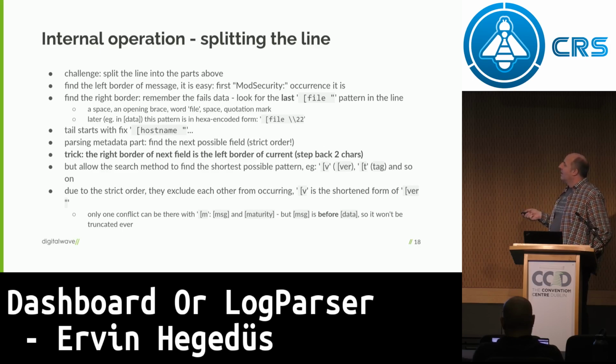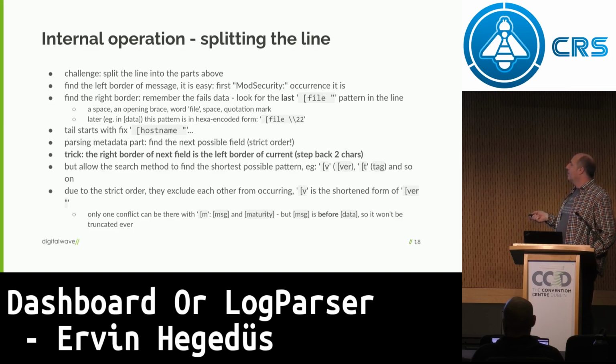It starts with the fixed hostname pattern, and we can parse the metadata, and this is the trick. The right border of the next field is the left border of the current one, stepping back 2 characters, and I allow the search method to find the shortest possible pattern.